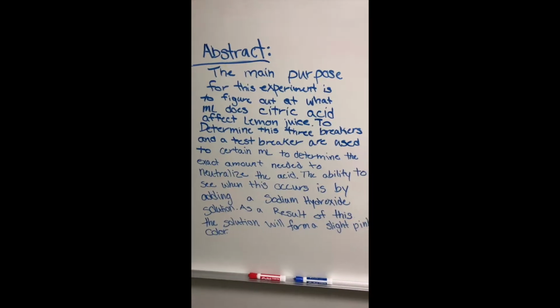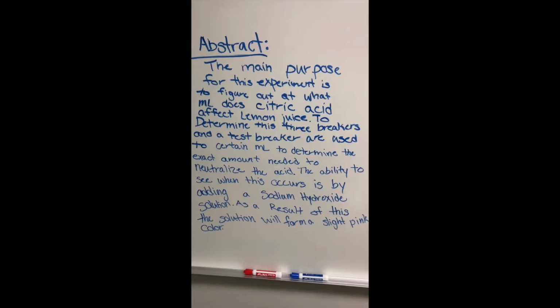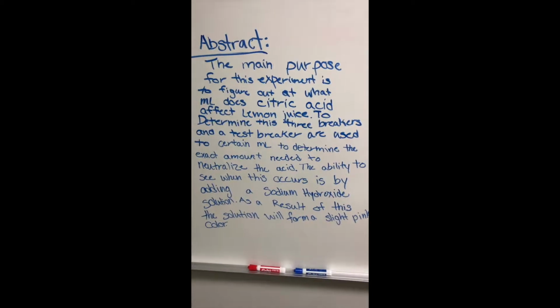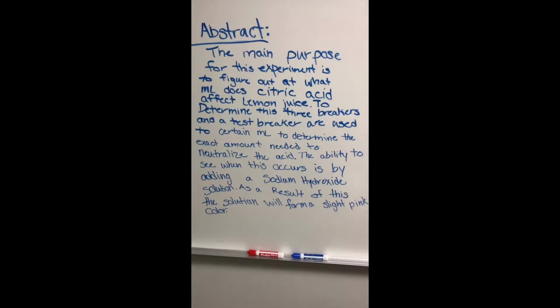I'm in Dr. Jean's Section 2 lab on Tuesday mornings, and today I'll be showing you my Experiment 6 lab report. For the abstract portion, the main purpose of this experiment is to figure out at what milliliters citric acid affects lemon juice.